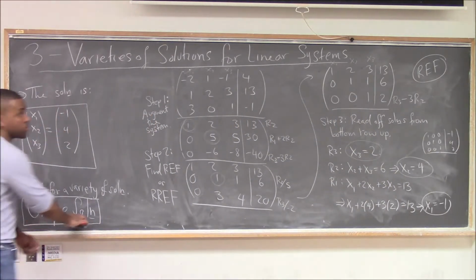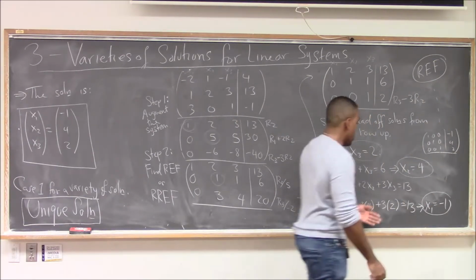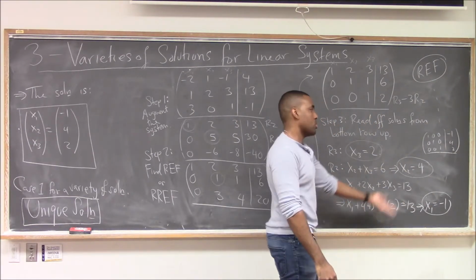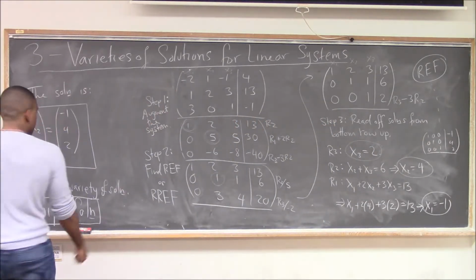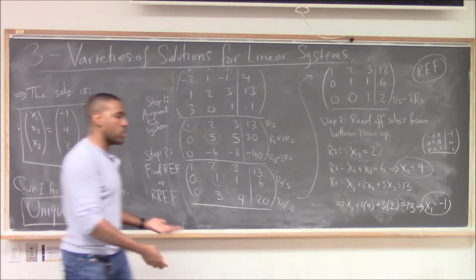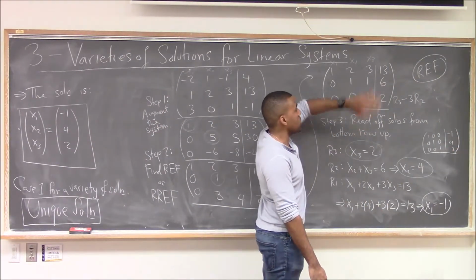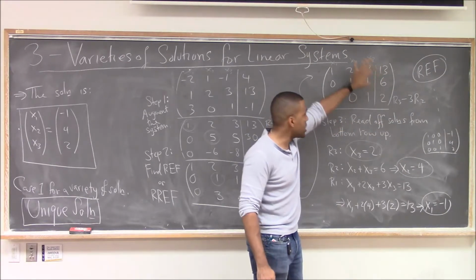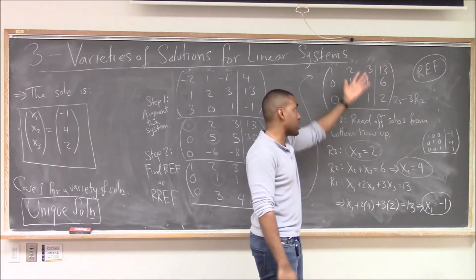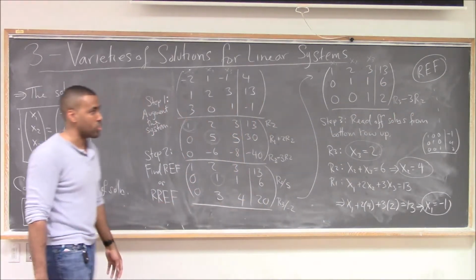So if you had gone further, to the reduced echelon form, it would save you a little work here. You'll ultimately get to the same answer. The reason why I might require you on a test or a quiz to go all the way to here is that in row echelon form there is no unique way to write a row echelon form. So it's possible for all of you to have different numbers in this matrix, and that's harder to grade.